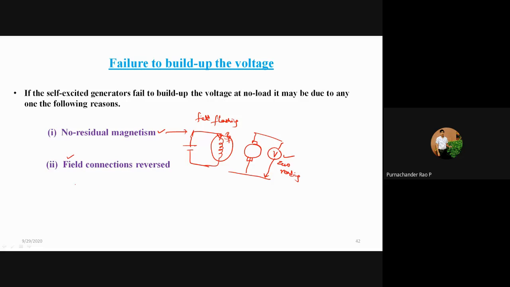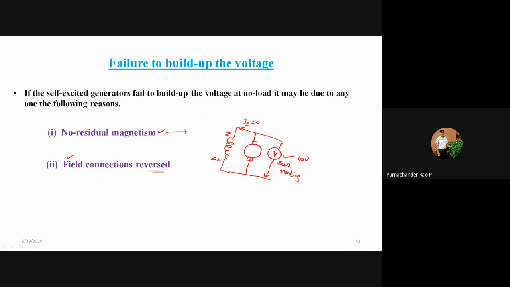The second cause is reversed field connections. Now your field winding is like this, and I'm assuming this is a shunt generator with terminals Z and ZZ. Here there is a small voltage. For a field current IF equal to 0, the voltmeter shows 10 volts, let us assume.